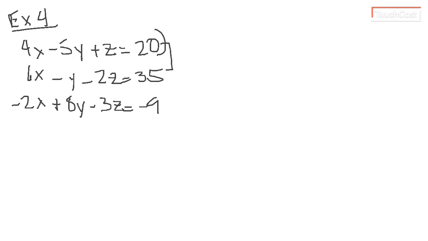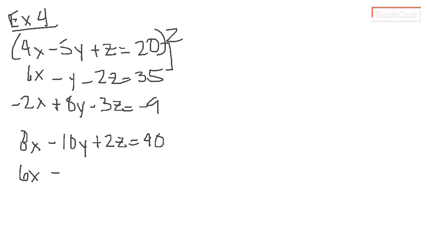So I'm going to multiply my entire first equation by 2. So I'm going to have 8x, not 4x, minus 10y plus 2z equals 40. And I'm going to have 6x minus y minus 2z equals 35.